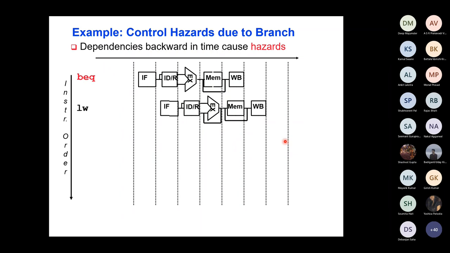Comparison of the contents of 2 registers is done in the execute stage, but the PC update, where you had that mux to enable the appropriate data path to update the PC, is a part of which stage?